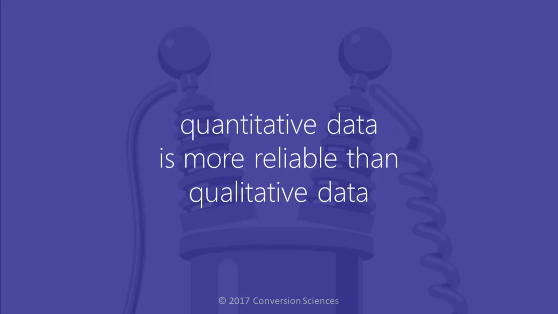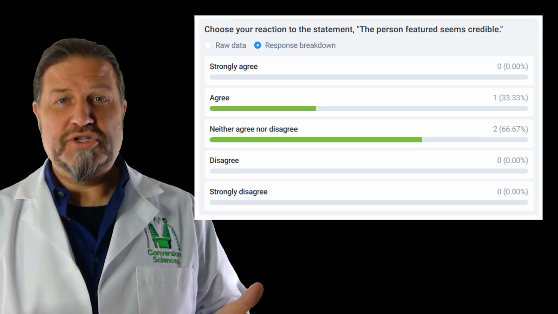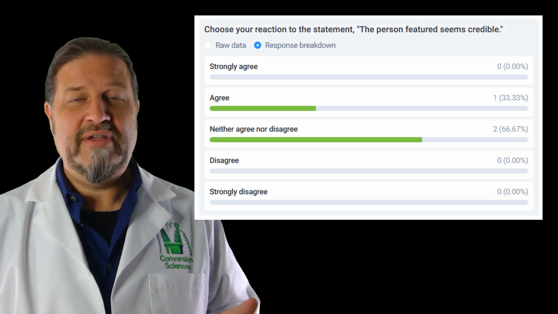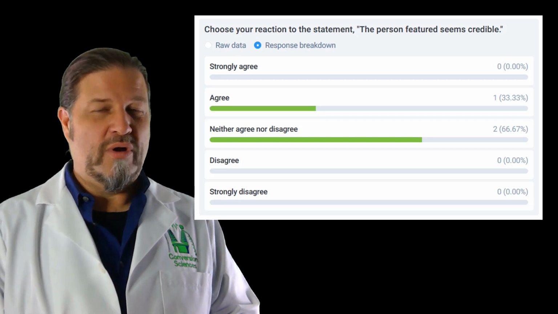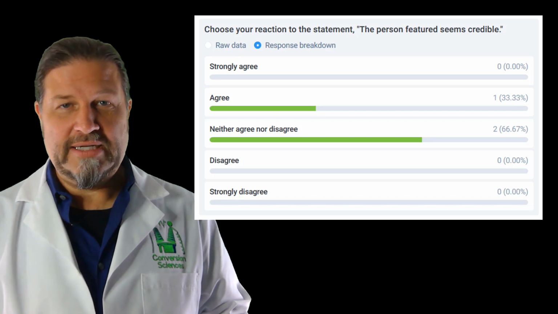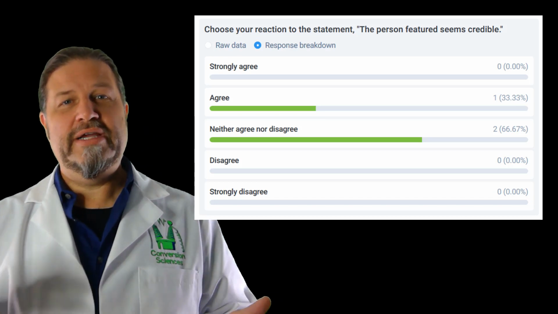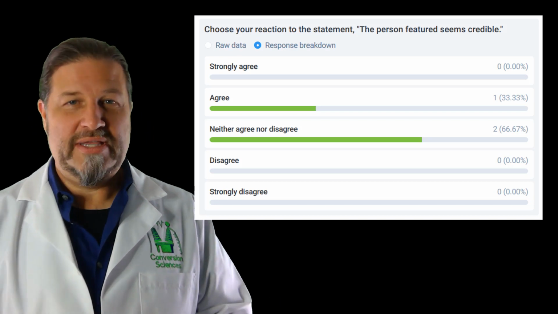So here the distinction between quantitative and qualitative is this. When we collect quantitative data, we're asking a question that's going to give us a similar answer from everyone. It can be on a range, what we call a Likert scale, where they tell us on a scale of 1 to 5 what they think of something, or a net promoter score on a scale of 1 to 10, or they can tell us if they strongly agree to strongly disagree with a statement.